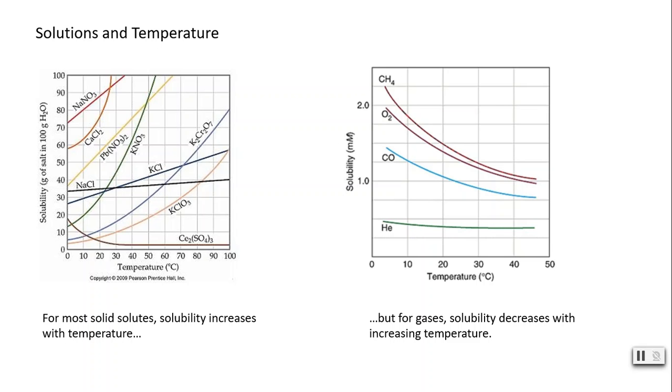Once you get to the boiling point, the majority of the large bubbles are due to water vapor. But those smaller bubbles that you see before you get to the boiling point are due to dissolved gases coming out of solution. They are decreasing in solubility because you are increasing temperature. So you should know that for gases, solubility decreases with increasing temperature. That's different than what you see with solid solutes.